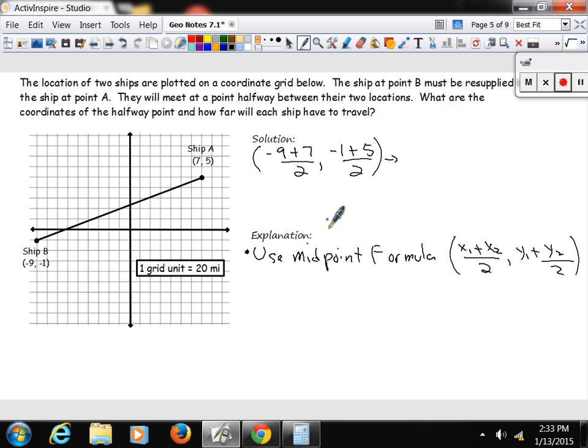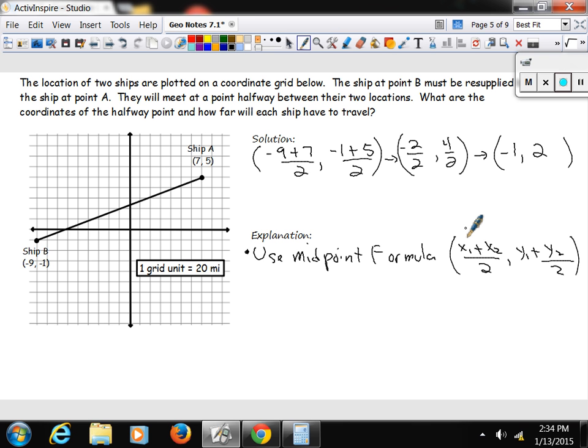What is negative 9 plus 7? Negative 2 over 2. And then what is negative 1 plus 5? Positive 4 over 2. So what is the midpoint if you divide those numbers by 2? Negative 1, comma 2.